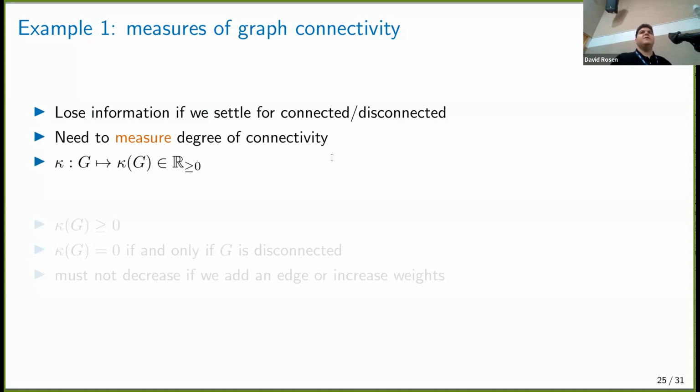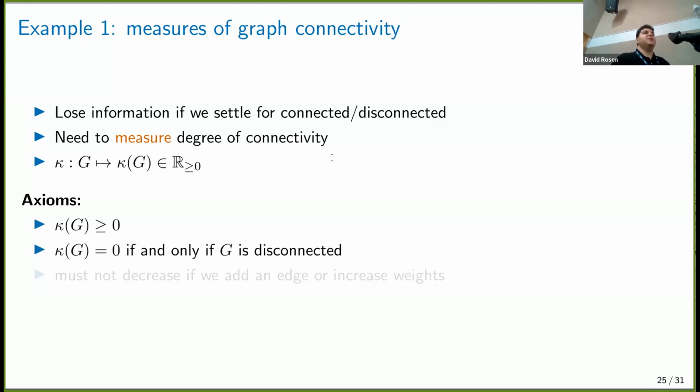And if you think of how you would do that, you need a function that takes a graph and gives you a score, a connectivity score. And it makes sense to think of that score as non-negative, right? So I give you a graph, you give me a score, and that's going to be greater than or equal to 0. Now, for this to make sense, by definition, we're assuming that that function is non-negative.